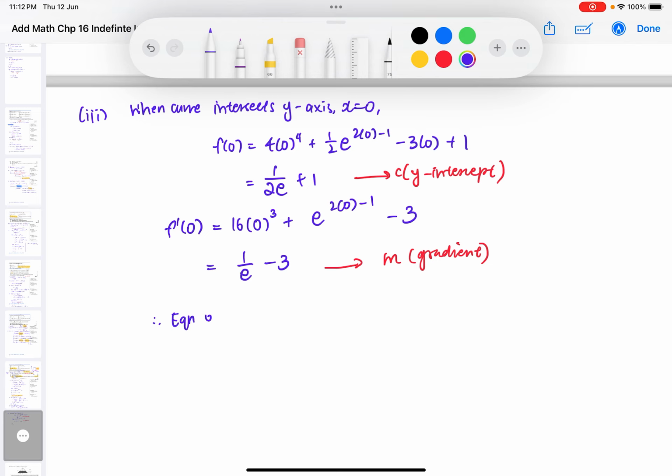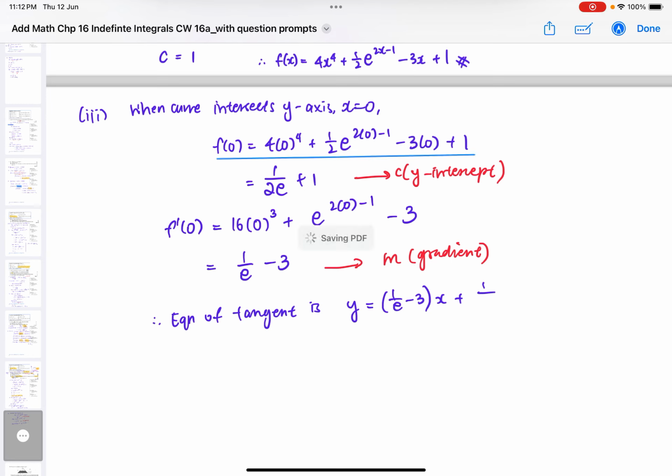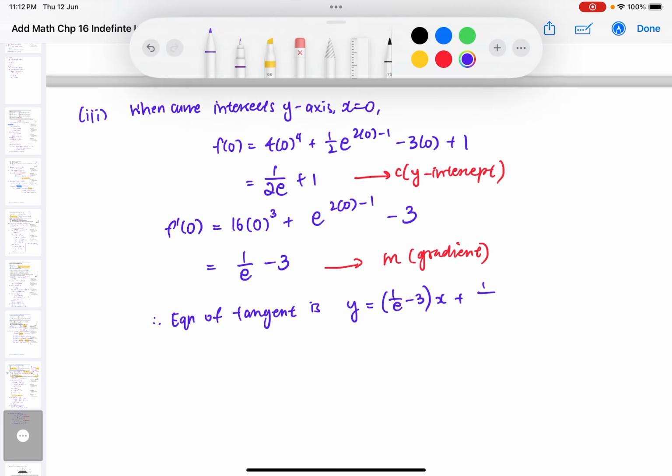Therefore, the equation of tangent is y equals to mx plus c. After I write into this, I still have to show that it gives me the expression that they want.